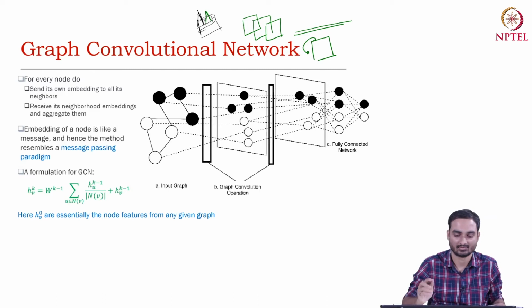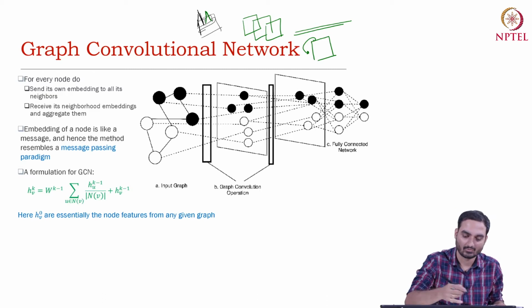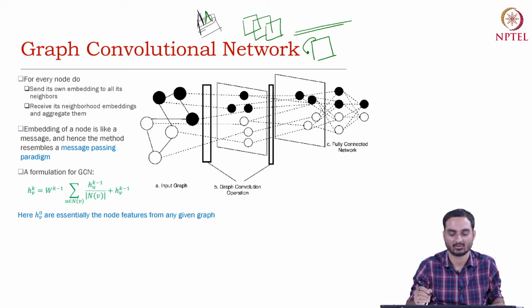So in the case of graphs, how do we think of a convolution operation? Let us draw a picture here.